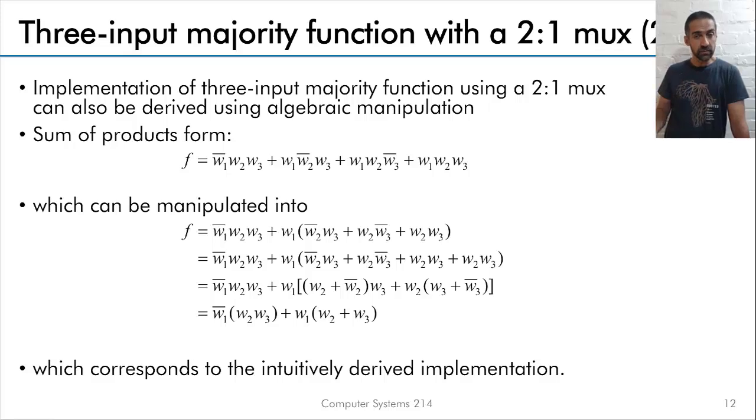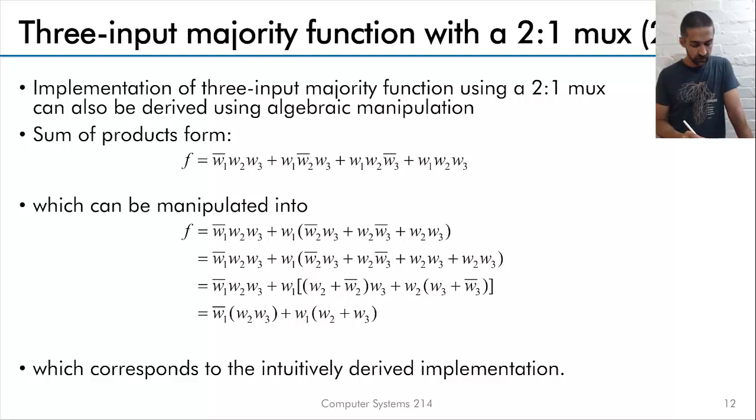Then if you were to manipulate this mathematically, you can take W1 out here as a common variable, take it over there. What remains is basically that. And this is what's written here. And then, if you look at this carefully, you'll see we've built a mux.